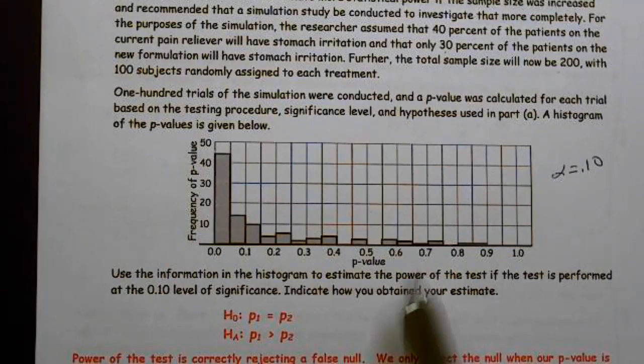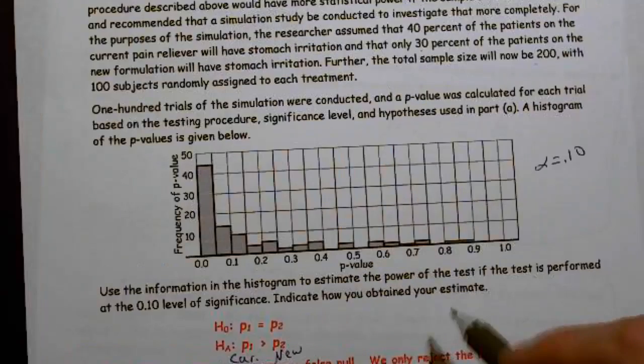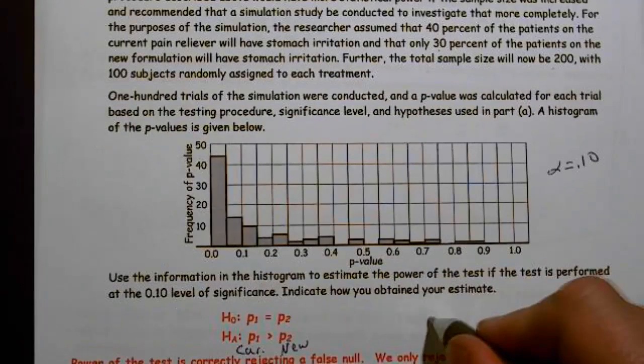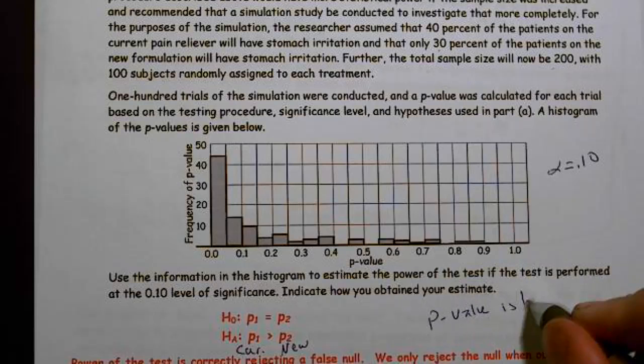All right. Well, our initial claim was the proportions were equal, and our alternative was that the current had more irritation than the new. All right. Now we reject if our p-value is less than alpha.